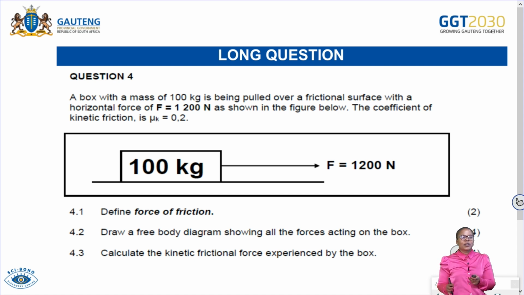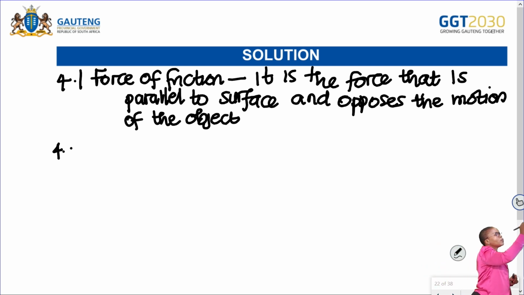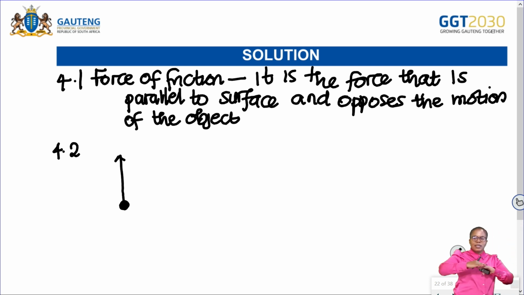Okay, so we're drawing a free body diagram. Free body diagram, it's free. It has to be a ball. So that's your 4.2. Here is your ball. Okay, because it is on the surface, so there has to be a normal force.